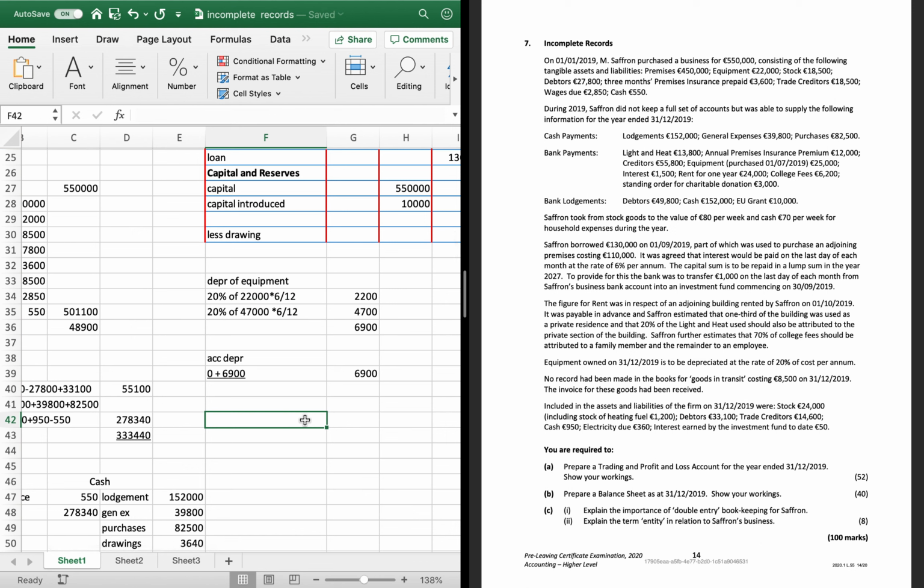Now I would ordinarily have this open from the start. It's a couple of workings I would have open at the start. So I've got my stock. My stock drawings are 80 by 52.